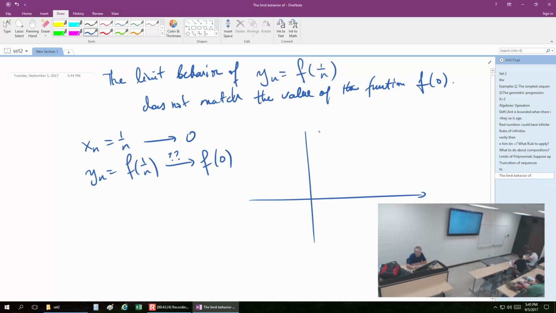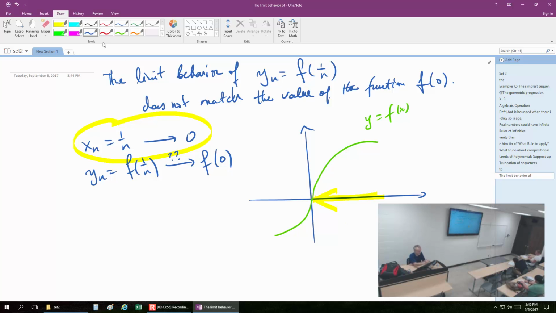So let me make that picture again. Let's make up functions rather than use specific functions, which might be more misleading. Let me plot the one case when there is a match. This is my function, y equal f of x. Once again, I have my x_n's here, going towards 0 like this.